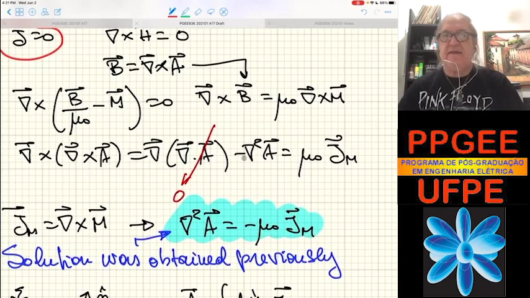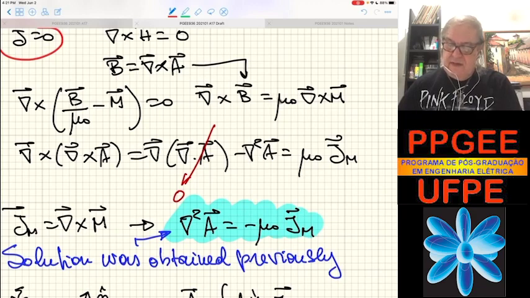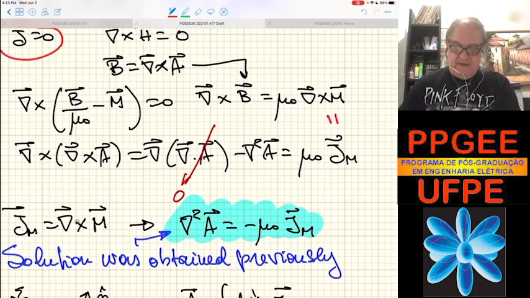So that's Laplacian of A equals minus mu0 Jm, but Jm is this thing here. It's curl of M. It's the magnetization current.